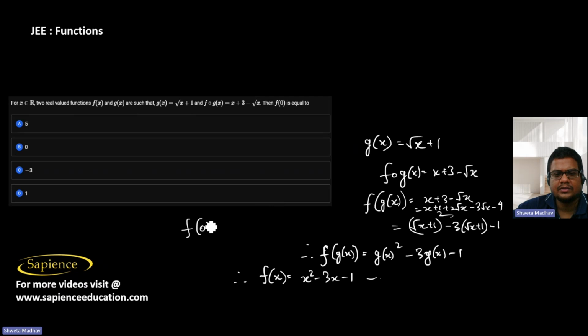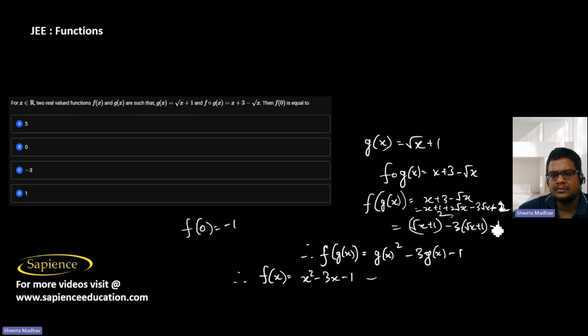So now f of 0 will be equal to minus 1. This will be minus 3 root x plus, I need 2 actually, since it is plus 3.